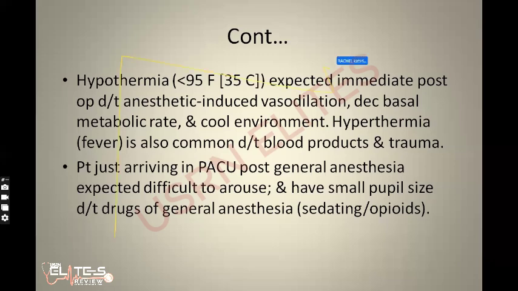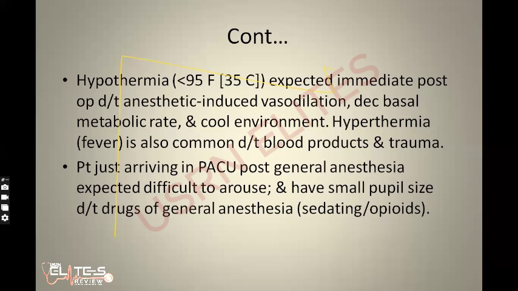Let's say right after theater, the person's blood pressure baseline before was maybe around 120, and the diastolic was around 60 or 70. You come and the patient's blood pressure is around 90, 50 something.